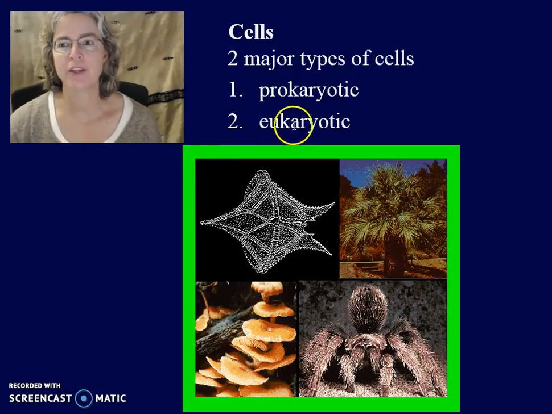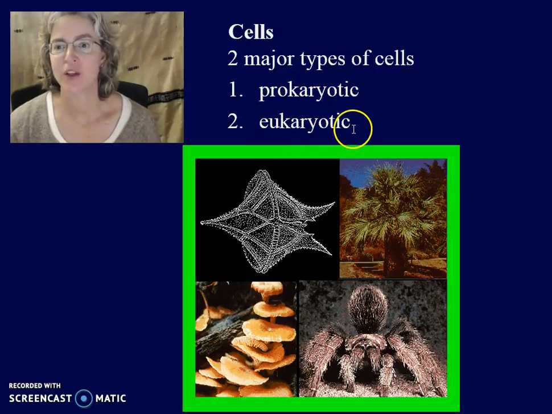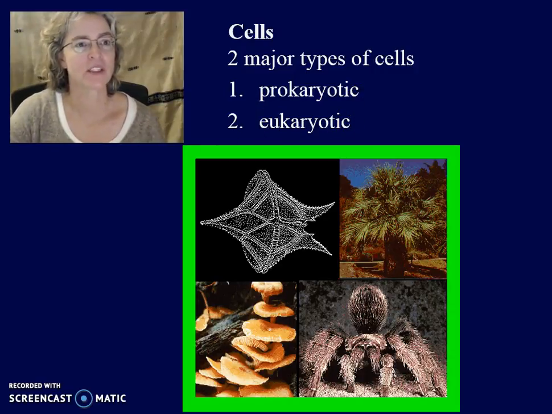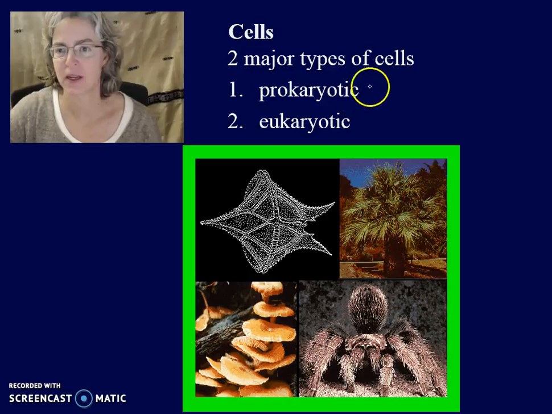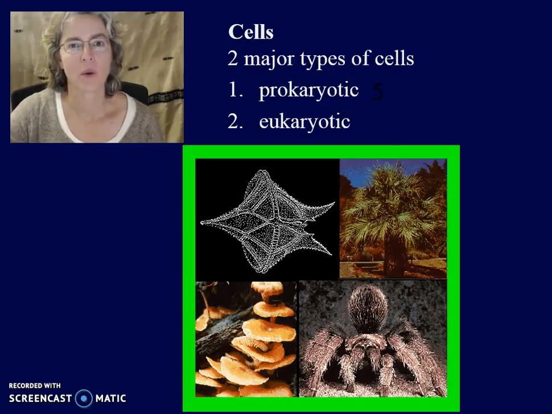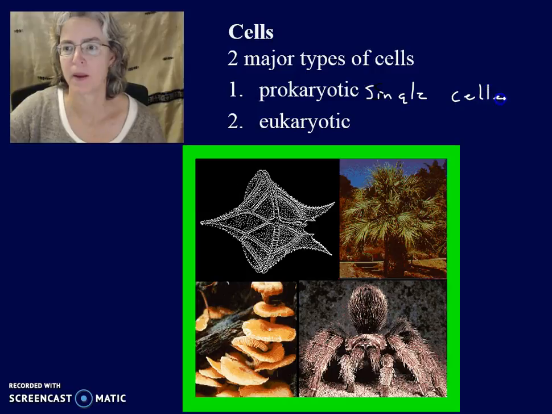There are two major types of cells: prokaryotic and eukaryotic. Prokaryotic cells are single-celled organisms with no nucleus.